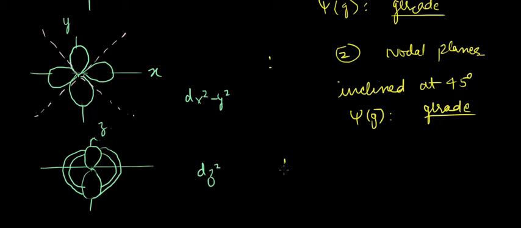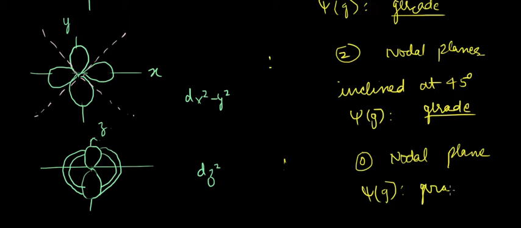It has zero nodal planes, as no plane passing through the center has zero electron density, because it will intersect either the rings or the lobes on the positive side, the left side or the right side. It would again be gerade, because zero is considered even.